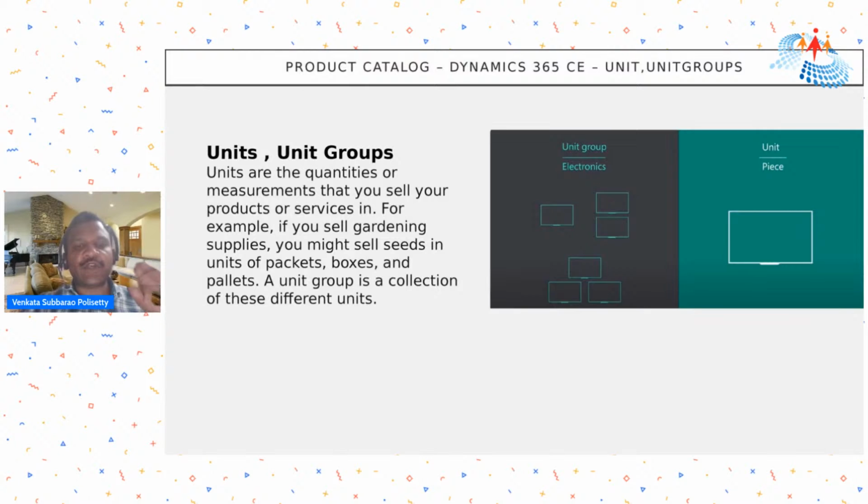The basic thing here is that a unit group is a collection of these different units. If you observe the unit group, this is electronics on the left side, whatever I am showing here. A unit group is multiple things, whereas a unit or piece means a single item.